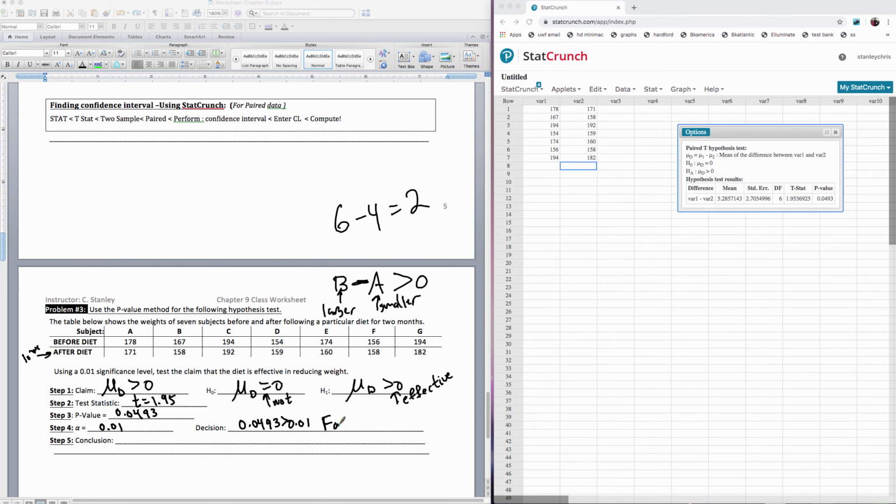So this is a fail to reject. Okay, so we're not rejecting this. So that means we don't have evidence for this. So we have insufficient evidence that the diet was effective.